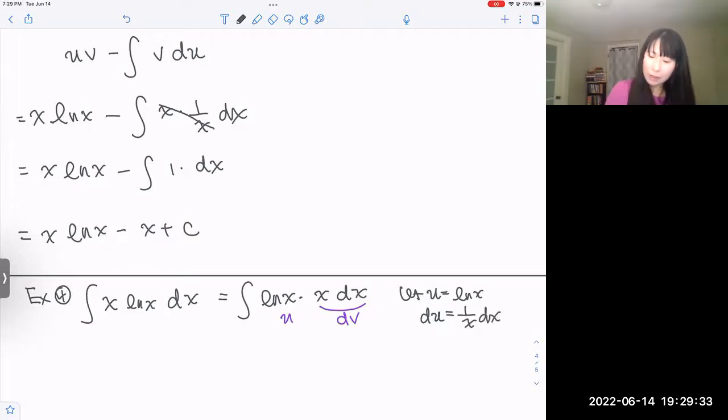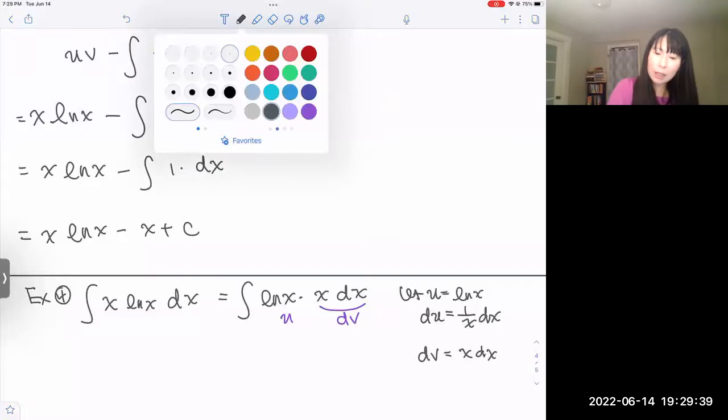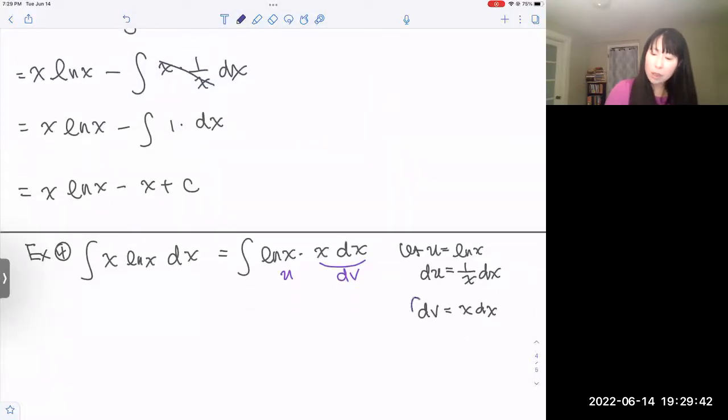Now we have dv, which is x dx. Now we want to find the v. So we take the integral of both sides, and we get the v. So look, we are not taking the derivative, we do integrate.